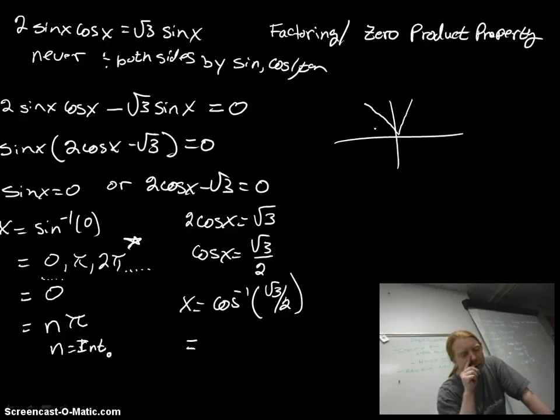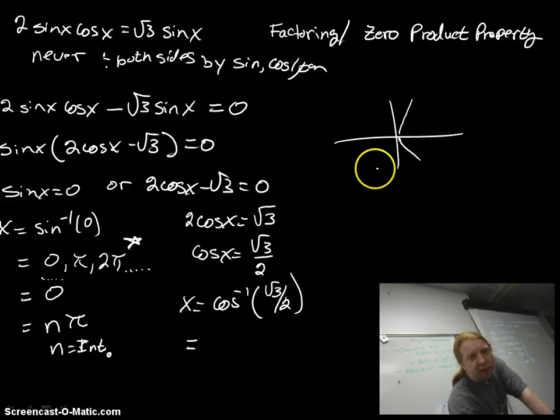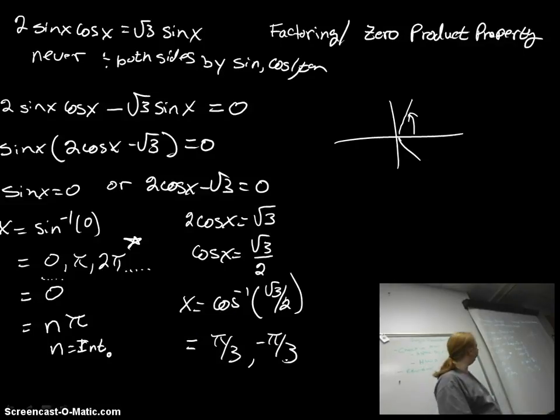It's going to be there and there for my answers, right? Because it's a positive. So that means I've got pi thirds and negative pi thirds as two answers.